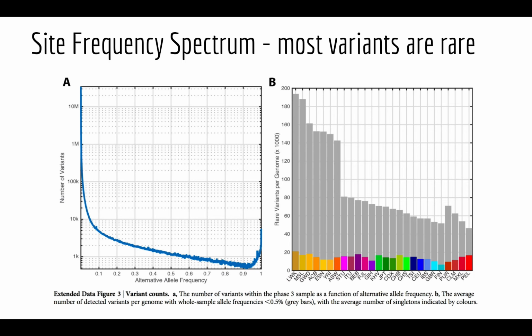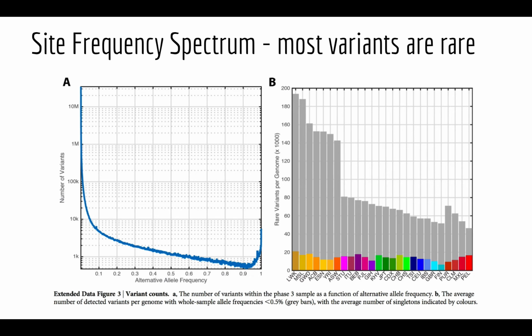Another important concept in genetics, in humans and in any species for that matter, is that most of the genetic variation that exists... Let's imagine we sequenced every human on Earth and made a plot like this, where the x-axis shows how frequent each variant is among all 9 billion individuals.